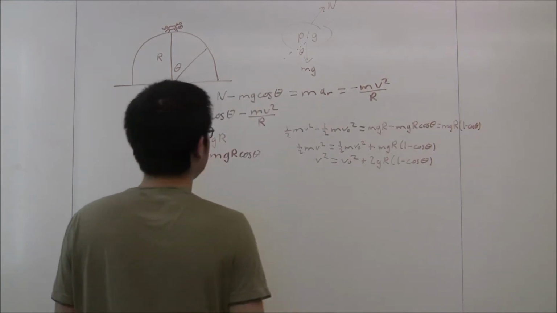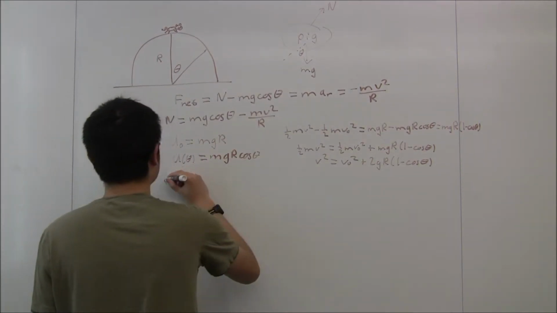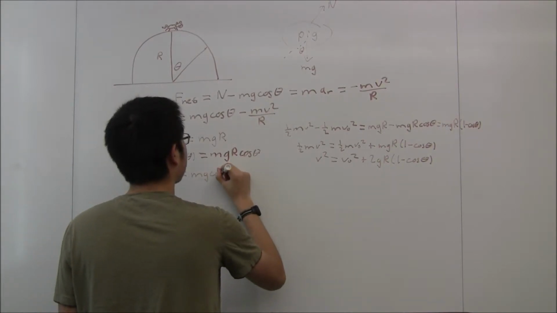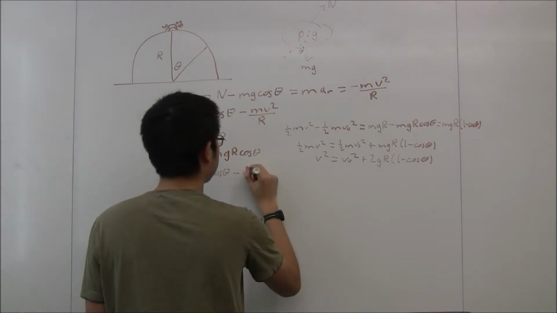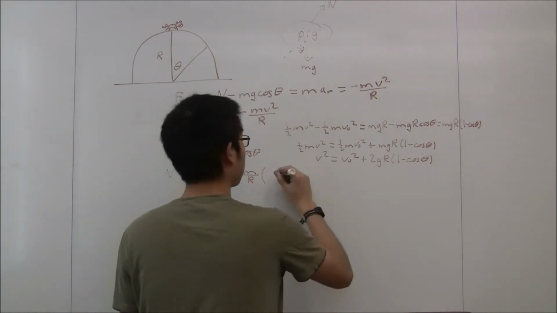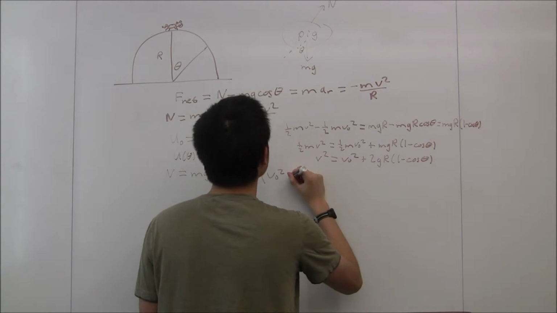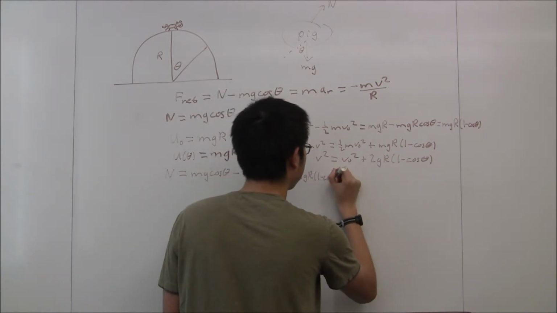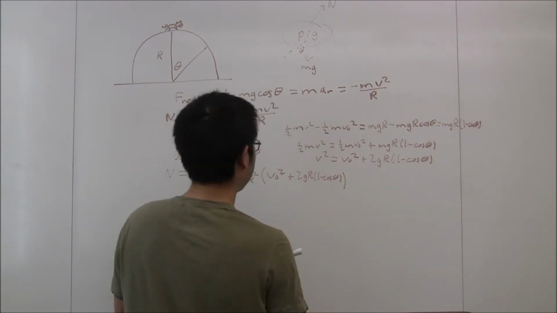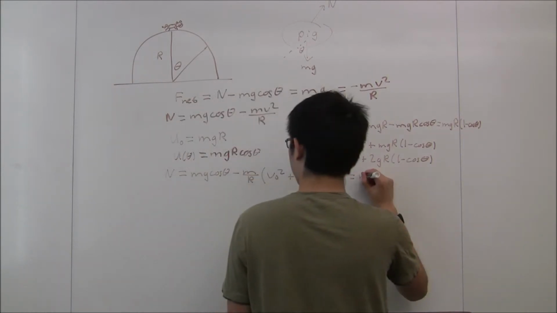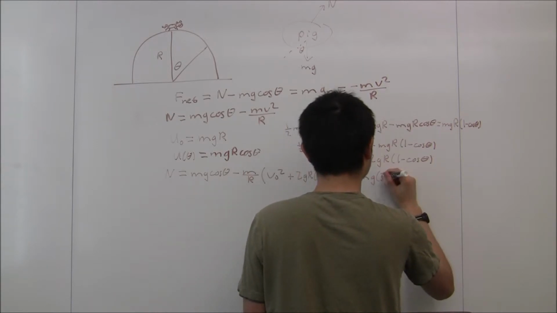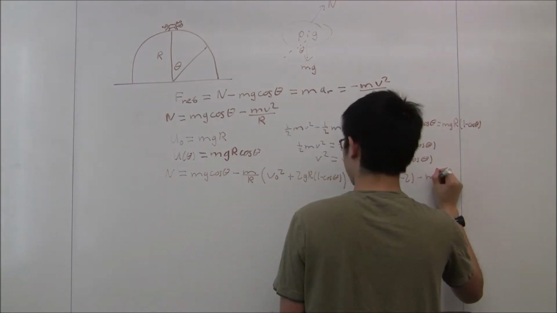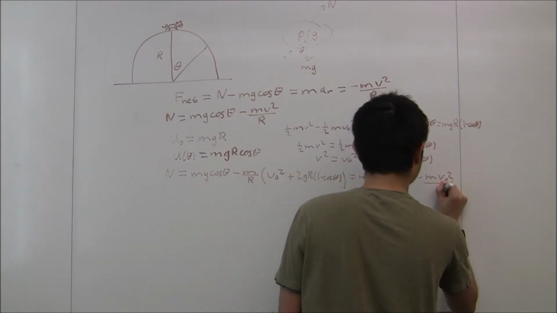Now plugging that in for v in our expression for normal force, we have that N is equal to mg cosine theta minus m over r, all times v0 squared plus 2gr times 1 minus cosine theta, and that simplifies to mg times 3 cosine theta minus 2, minus mv0 squared over r.